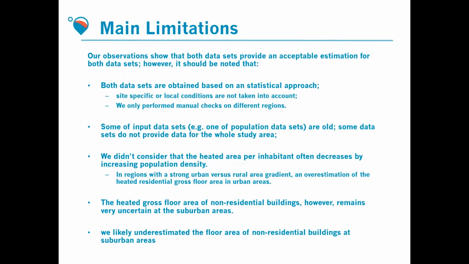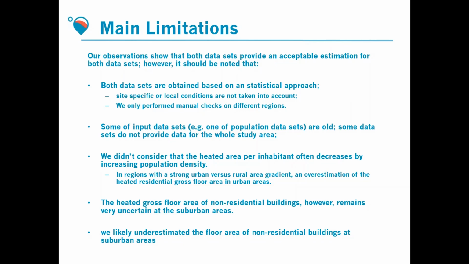Then we should consider that heated area per inhabitant often decreases with increasing population density, but we didn't include this in our approach. We should also note that in regions with a strong urban versus rural gradient, there might be an overestimation of heated residential gross floor areas.